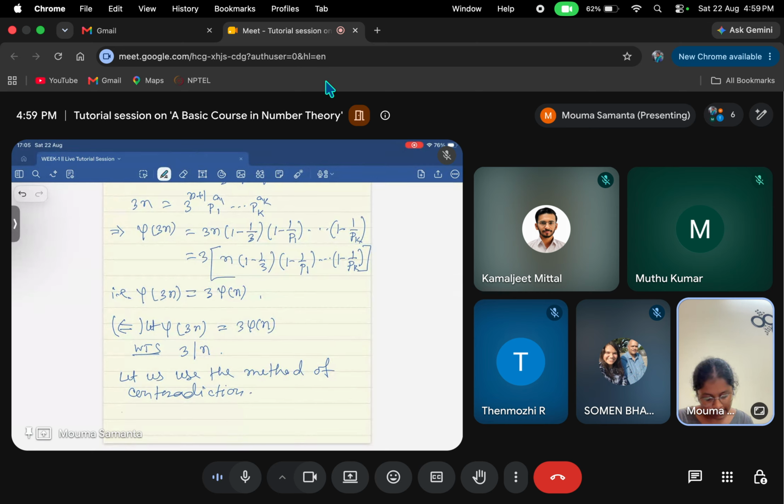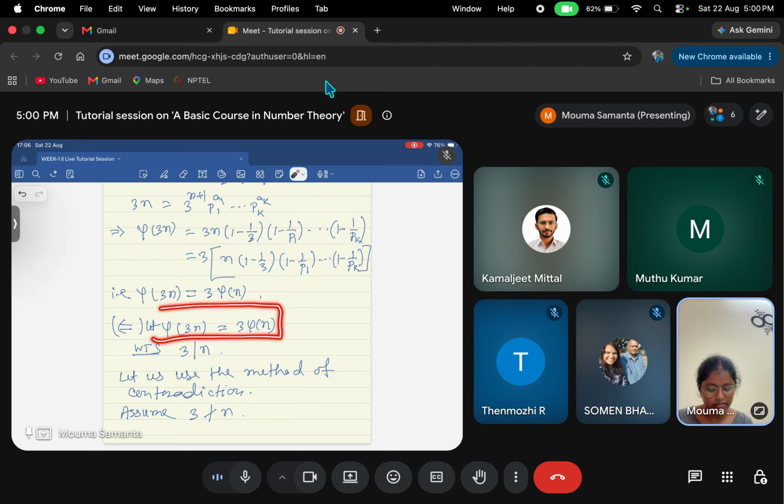So assume 3 does not divide n. 3 does not divide n means if we consider any prime decomposition of n, the primes that occur in the prime decomposition of n will not be 3. So assume 3 does not divide n, then somehow we have to show a contradiction to this fact.